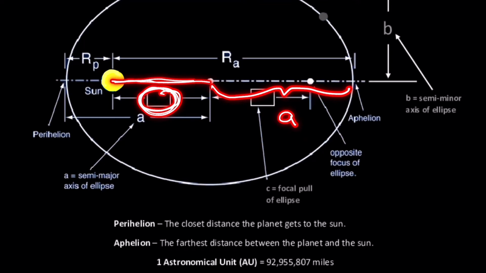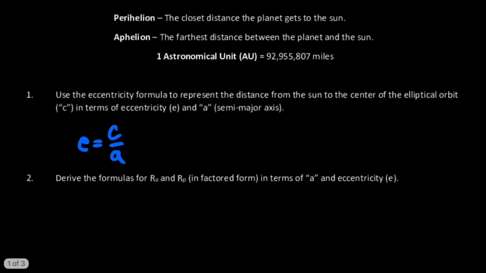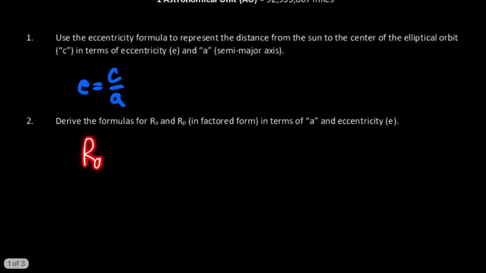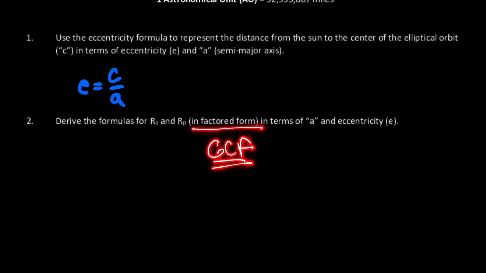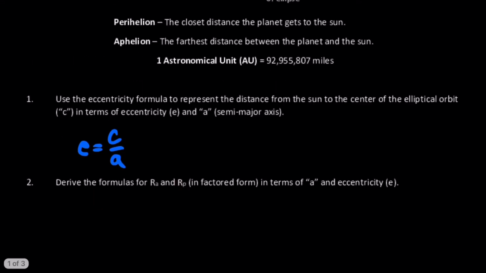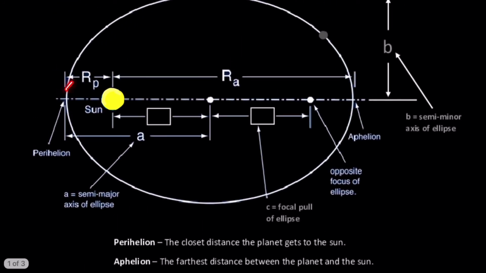So to come up with your RA formula, it's going to be A plus something. And then you're going to factor it. And you simply factor it by taking out a GCF. All right, again, I'm not going to do that for you, but that's how you come up with it. So now RP. Okay, well, how do you get RP? Well, RP represents this distance here, just that.